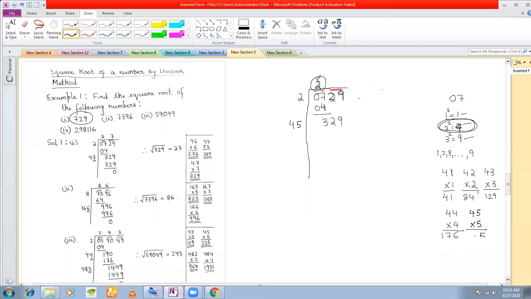You're getting 225. Okay, so 225 is again much less than 329. We want to take a number just less than 329. So we'll try with 6.